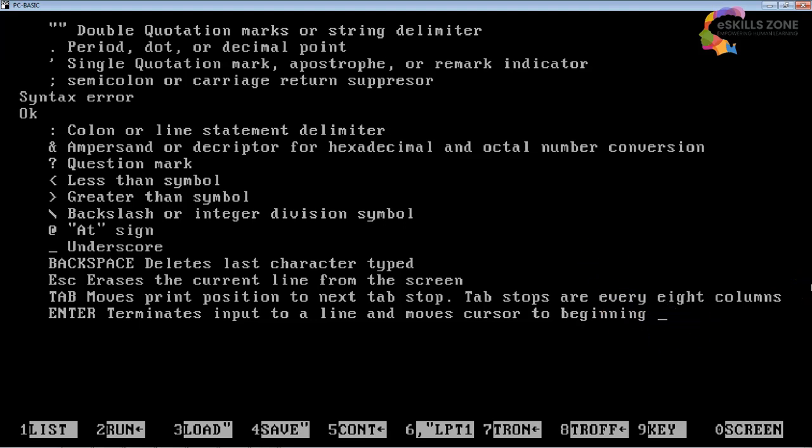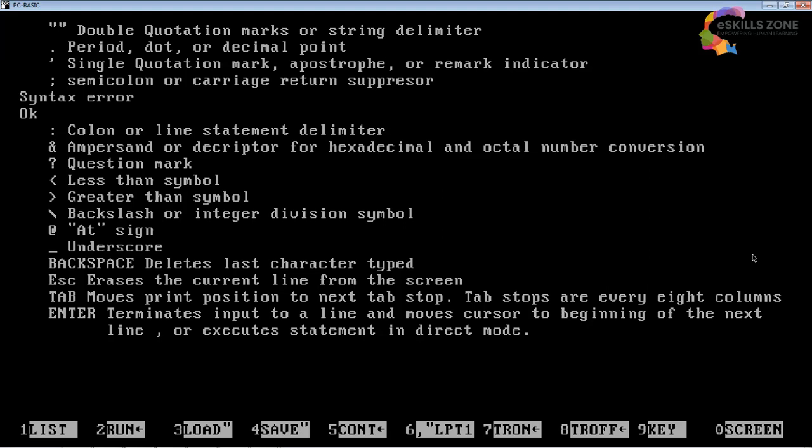So enter terminates input to a line and moves the cursor to the beginning of the next line, or executes a statement in direct mode.